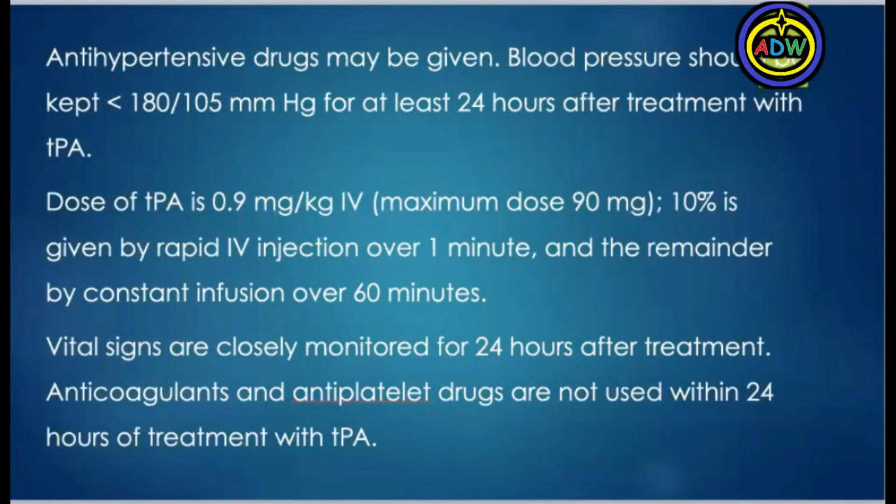The dose of alteplase is 0.9 milligrams per 1 kg of body weight IV. The maximum dose is 90 milligrams. Usually 10% of the dose is given by IV injection over 1 minute, so it is a rapid injection.